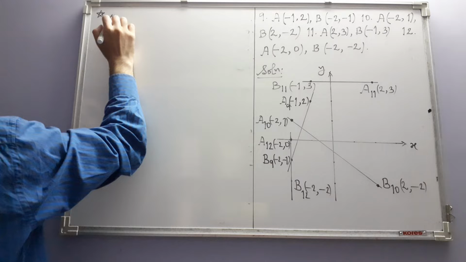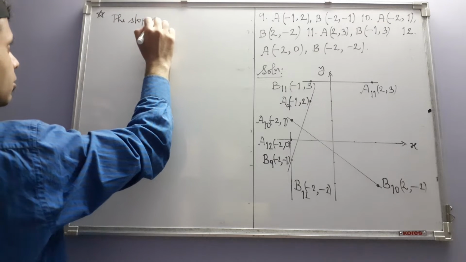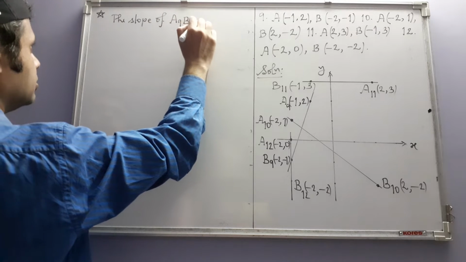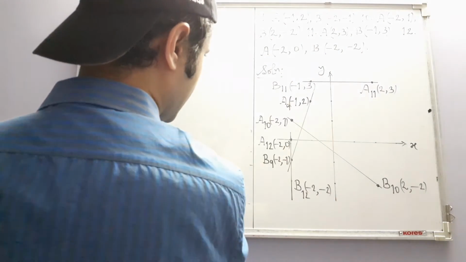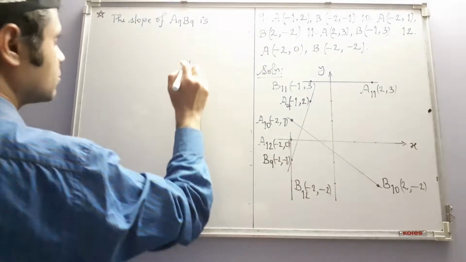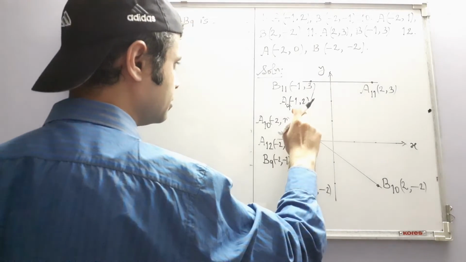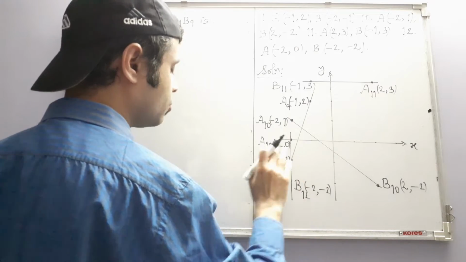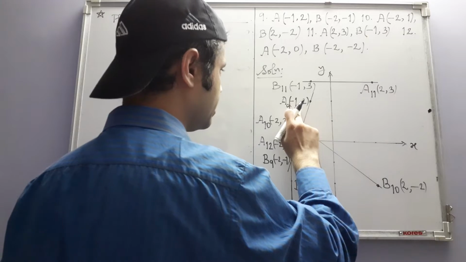So the slope of A9 B9 is, you just have to apply the formula. The y increment, let's just subtract, oh sorry, this is B9 and this is A9.